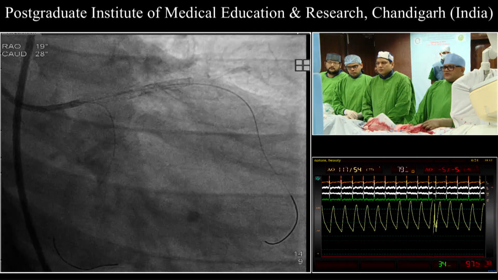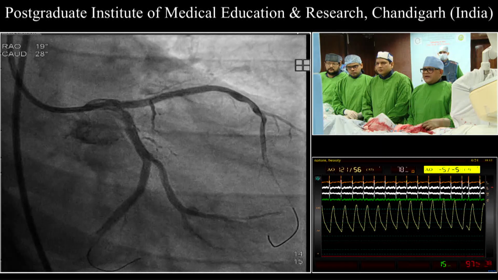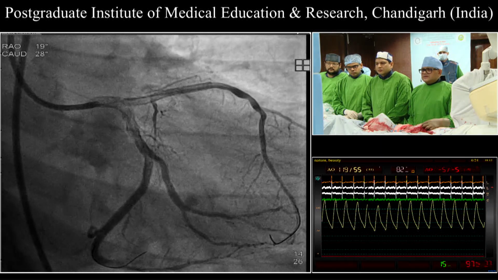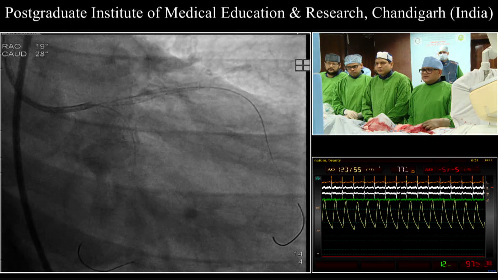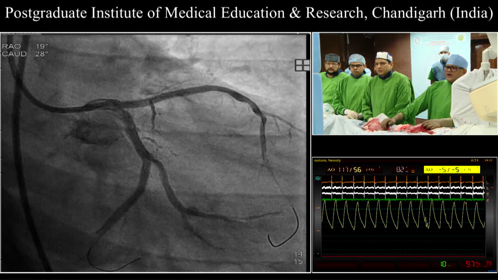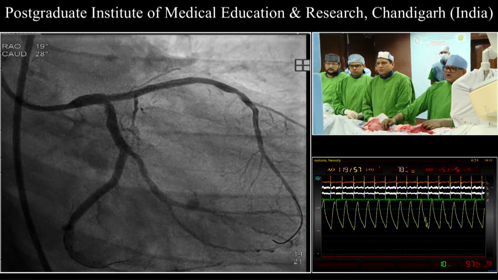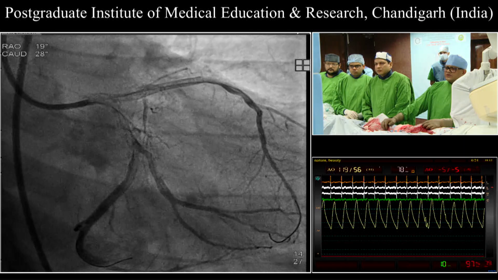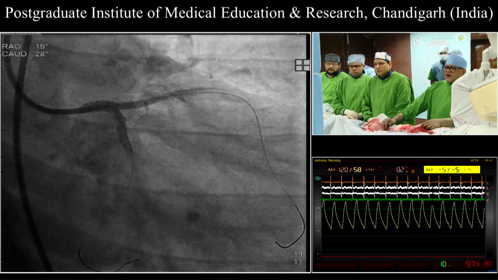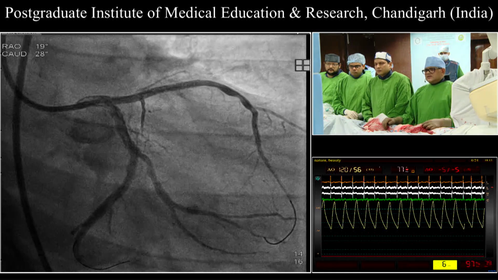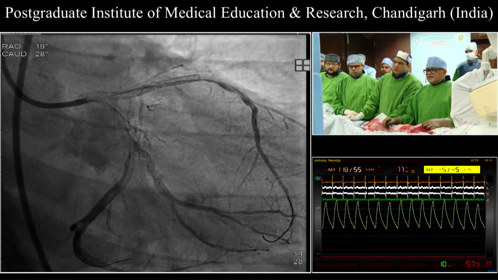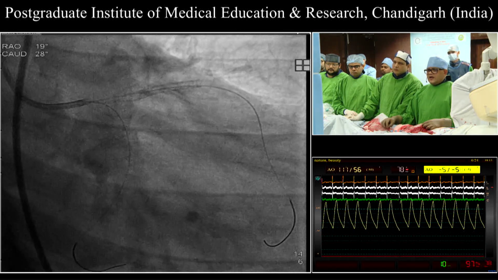So usually when the flow across the left circumflex is good, here I don't want to do any dilatation of the left circumflex ostium. There is no shift of any plaque across the LCX. The result seems to be satisfactory, and there is no need for further dilatation of the LCX ostium.